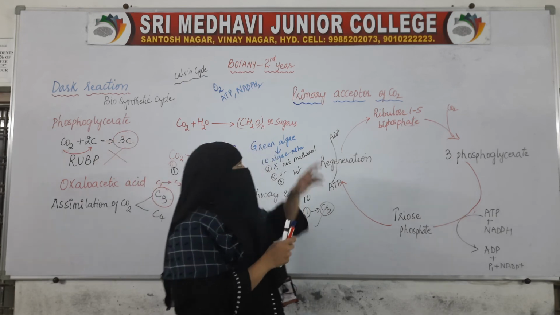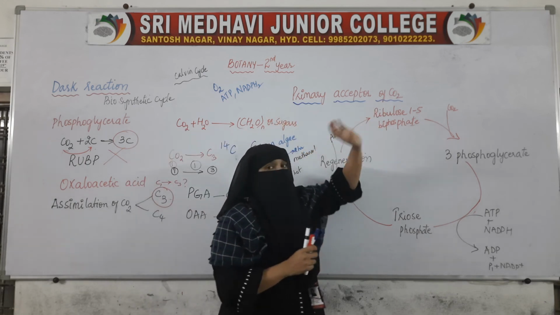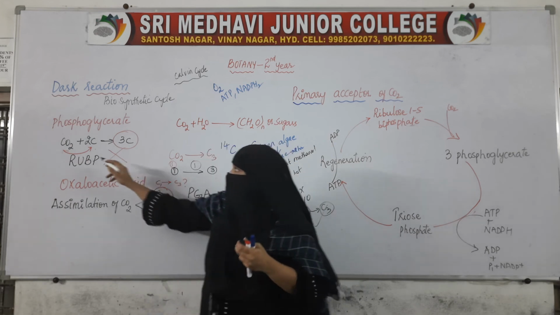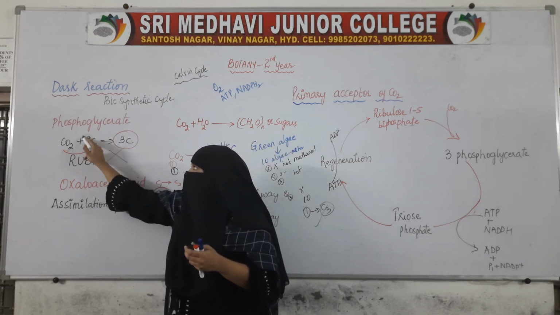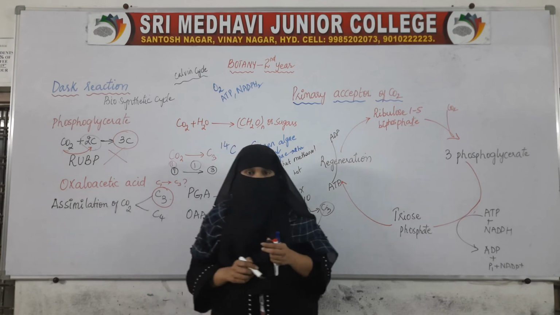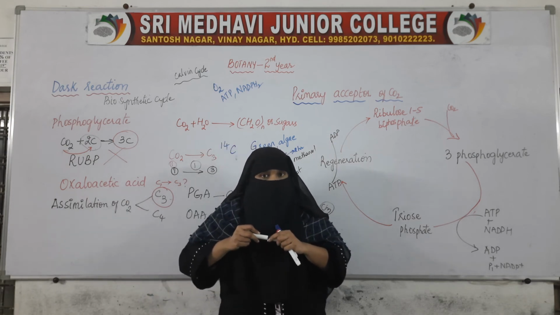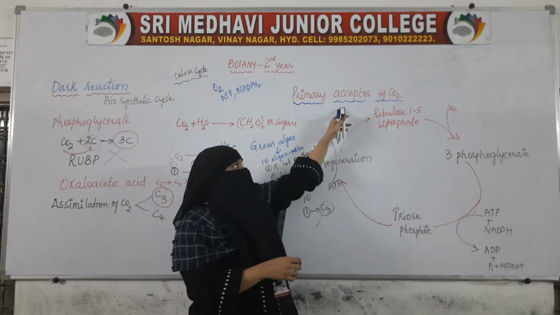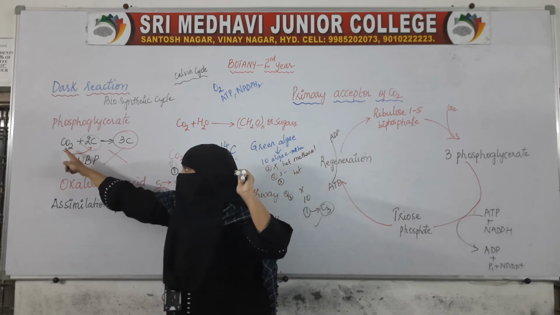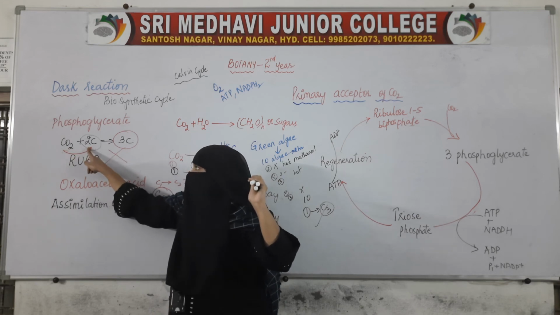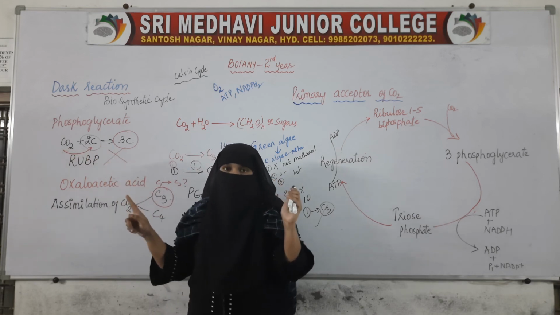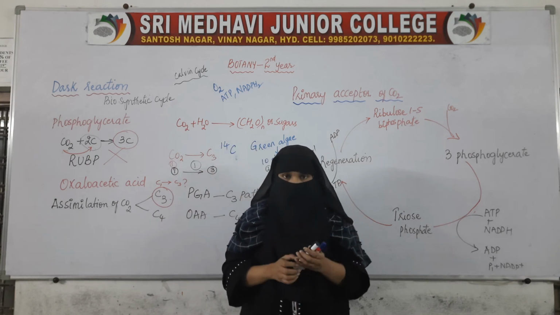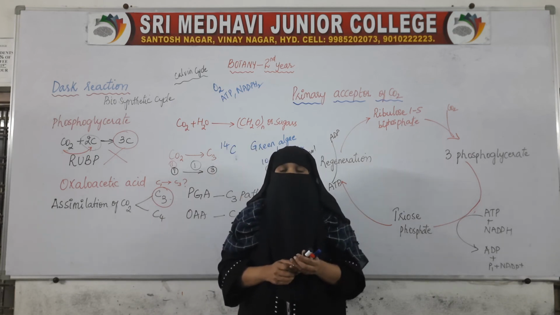They earlier thought that the primary acceptor of CO2 is a 2 carbon compound, but it was wrong. The primary acceptor of carbon dioxide, that is the first acceptor, is not a 2 carbon compound. It is a 5 carbon compound.